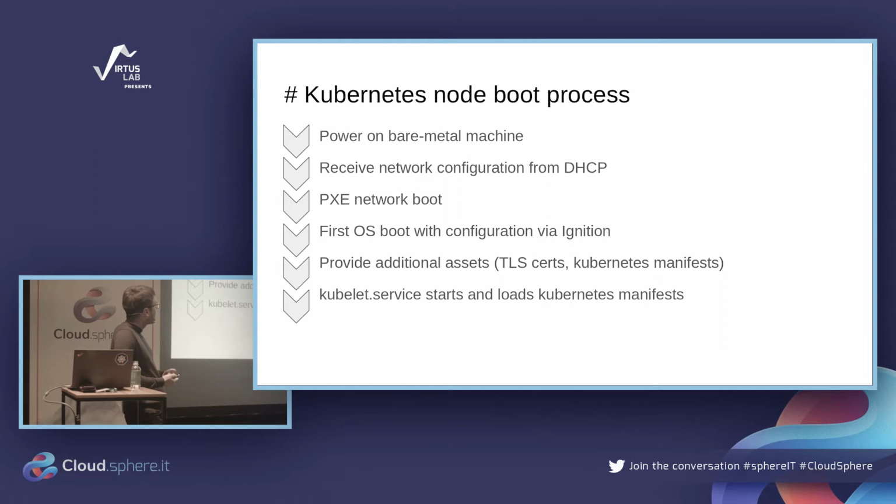We have first OS boot with configuration via Ignition with a corresponding profile based on some label. We can also provide additional assets like TLS certificates used by various Kubernetes components and some of the Kubernetes manifests. Then the kubelet systemd service starts and loads Kubernetes manifests.